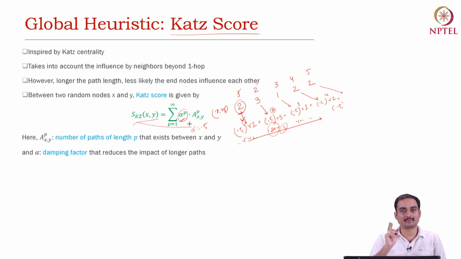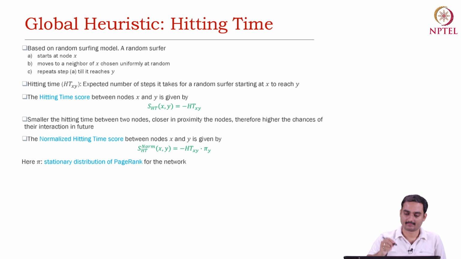This is exactly same as the Katz centrality that we discussed, but here we take the pair of nodes, and this alpha is a damping factor, same as in the Katz centrality. The next one is called hitting time. Before understanding this, it is again based on this random surfing behavior, the random walk process.